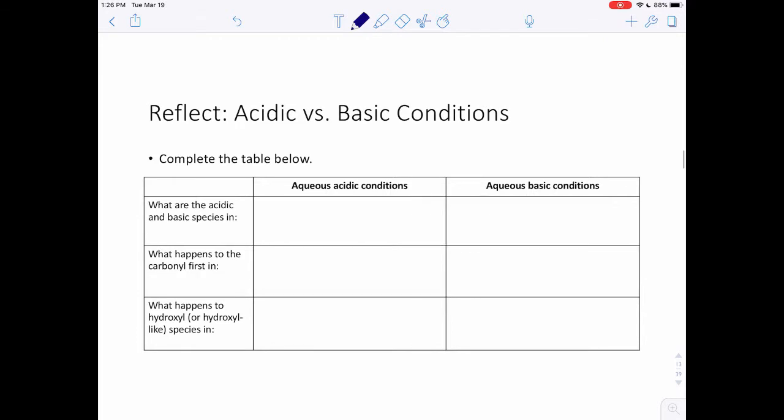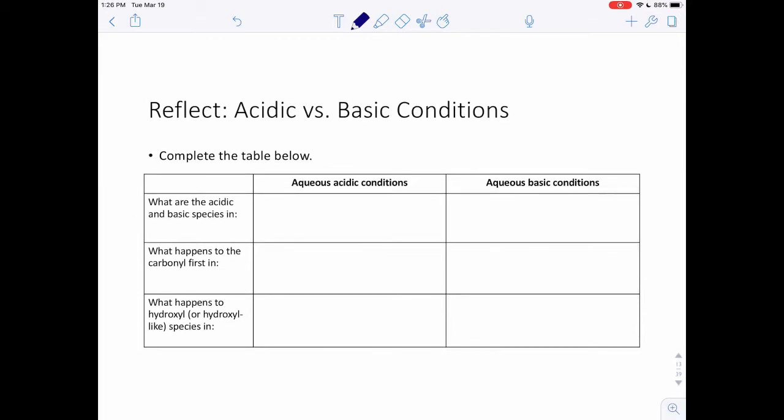Under acidic conditions, there's going to be a different story. Before we move on to looking at what happens when you treat an aldehyde or a ketone with an alcohol in acidic conditions, let's just take a minute and reflect on the differences between acidic and basic conditions in the context of nucleophilic additions to aldehydes and ketones.